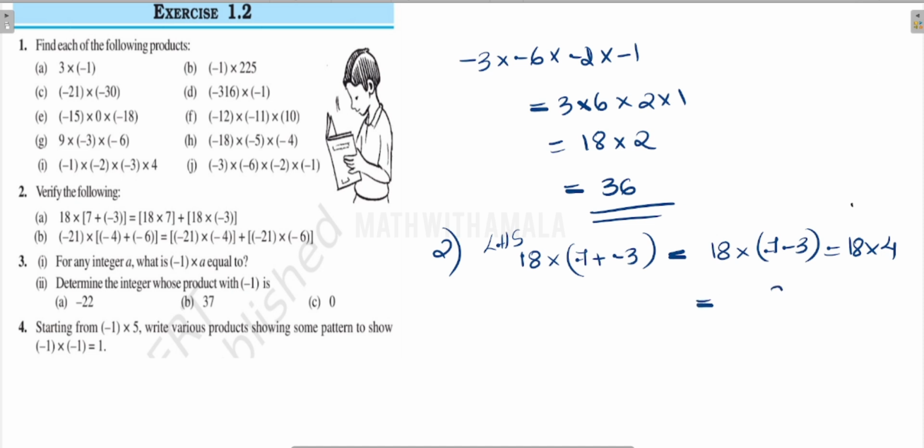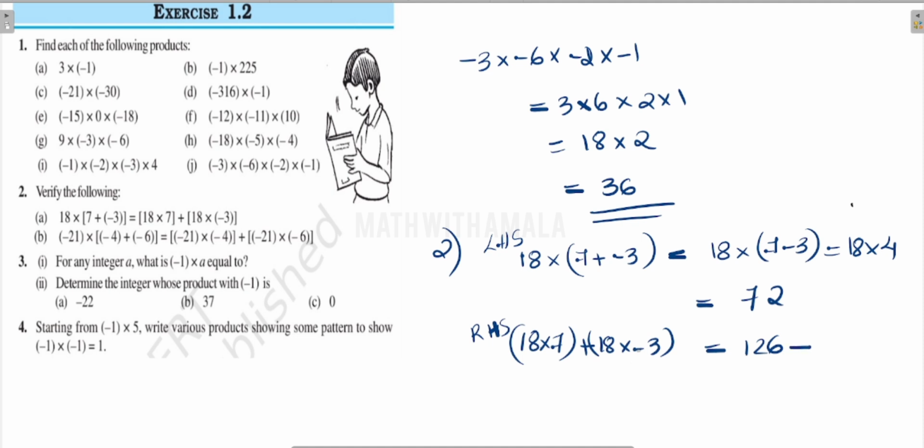So let's take LHS. It is clearly visible that 7 plus minus 3 will become 7 minus 3. So 18 into 7 minus 3 is 18 into 4. You will get 72. Then RHS is 18 into 7 plus 18 into minus 3. 18 into 7 is 126.